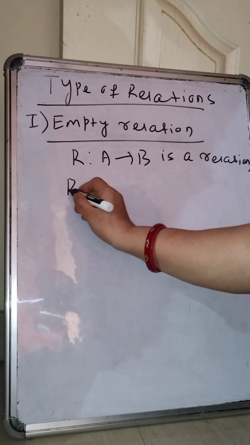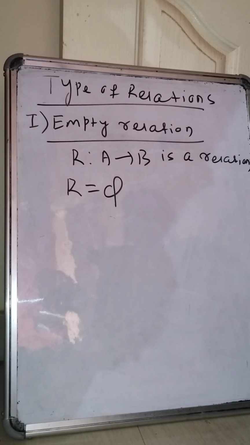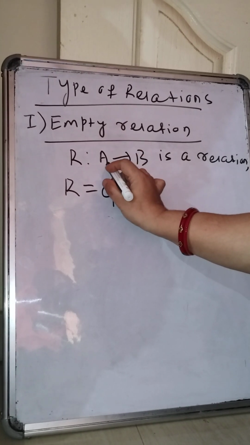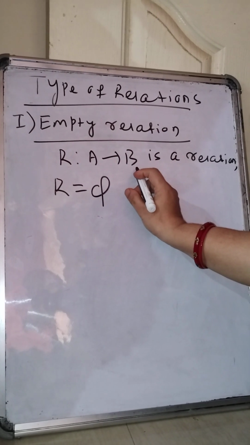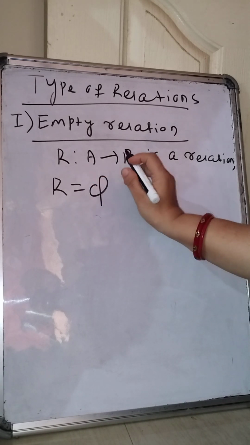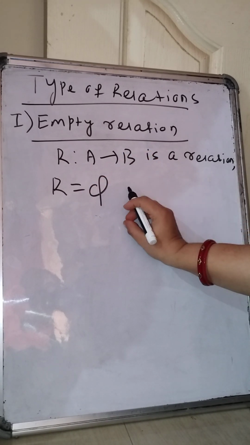That means R equals phi in this case. So there are no elements of set A which are related to any element of set B. In this case we are unable to find the ordered pairs.